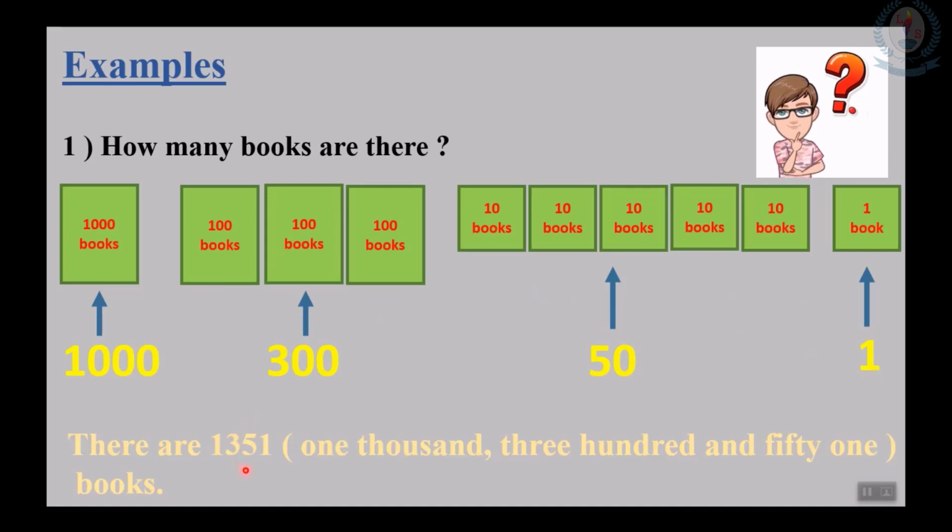How to write that then? 1351. How to write that value in words? 1351. That means in here there are altogether 1351 books.